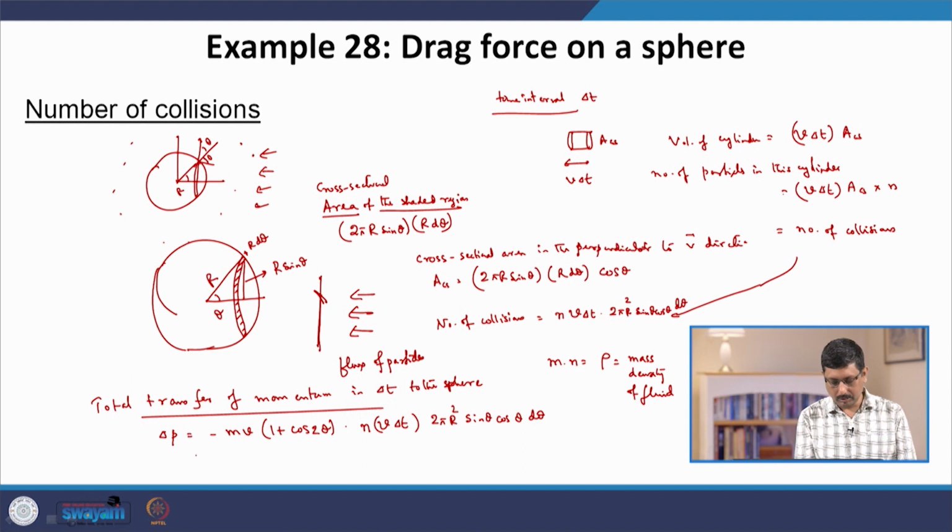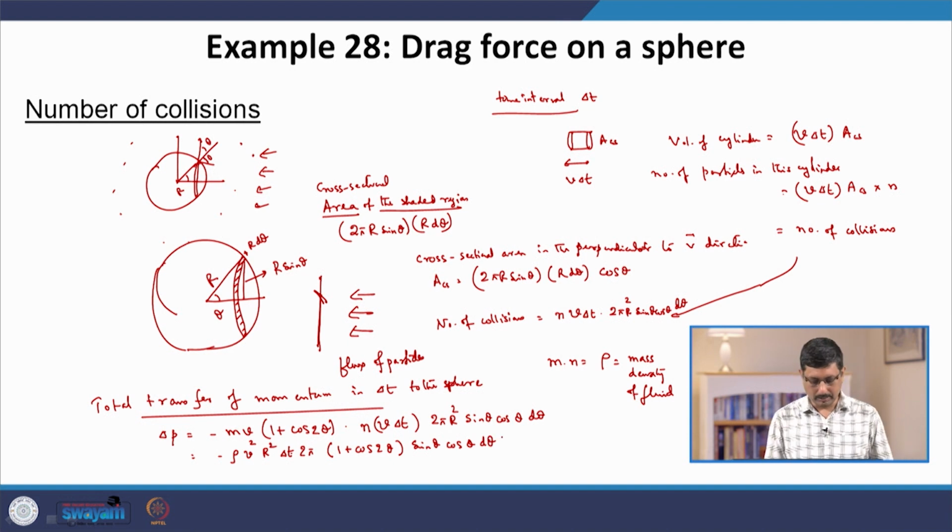So, this is equal to rho, we have v square, we have r square, and we have 2 pi times delta t times 1 plus cos 2 theta sin theta cos theta d theta. So, you are just rearranging the terms.